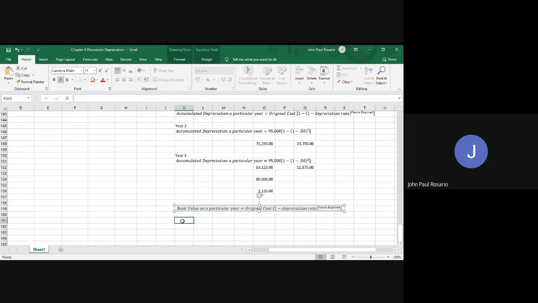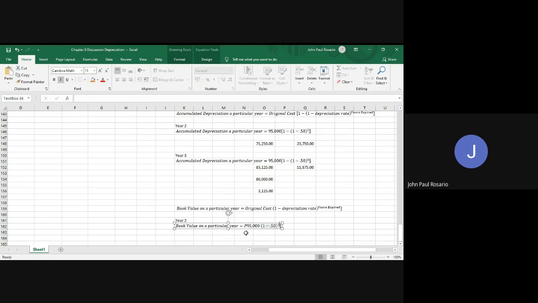So for example, on year 2, your original cost is 95,000 and the depreciation rate is 0.5. Then years expired, of course, 2 years.